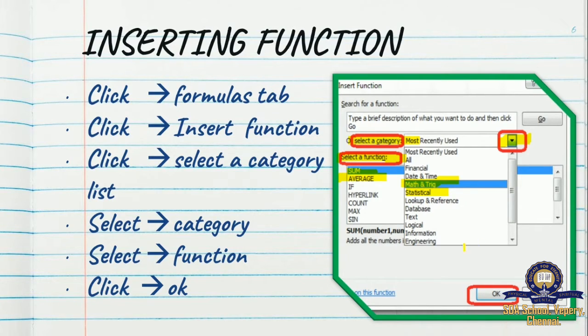Click on that insert function, then select a category, and in that category you will select sum or average, whatever you need, and then you will click on OK. Understood, children? This is how you will insert a function.